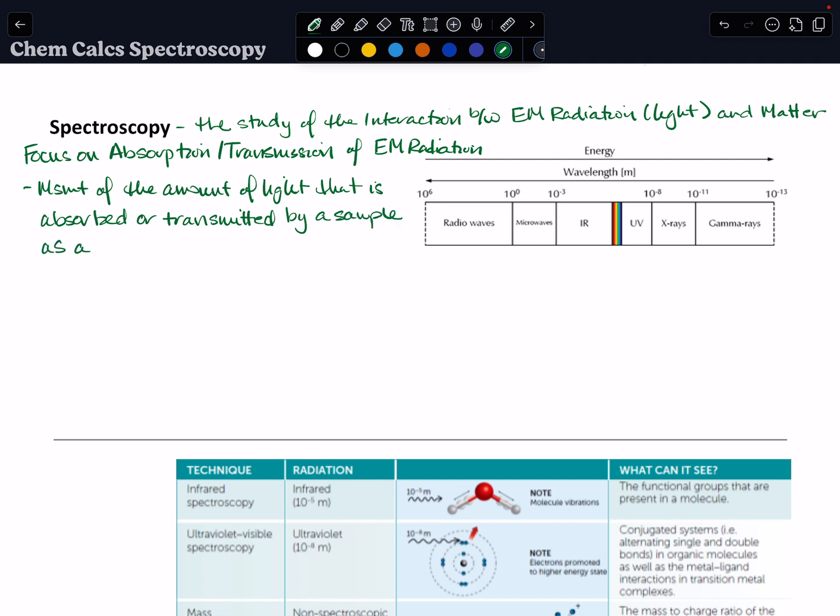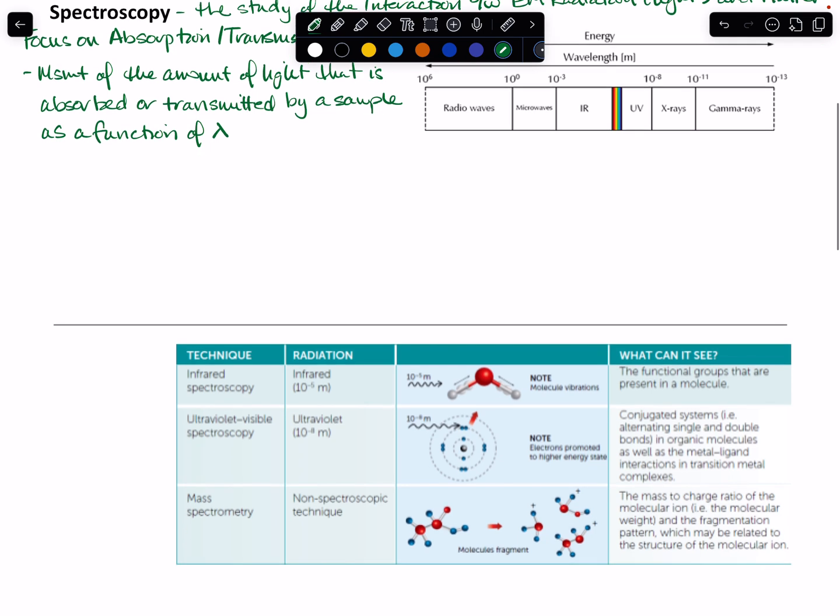And usually this is as a function of the wavelength of that light. All right. So if you think about it, when light passes through matter, certain wavelengths are absorbed and others are not.